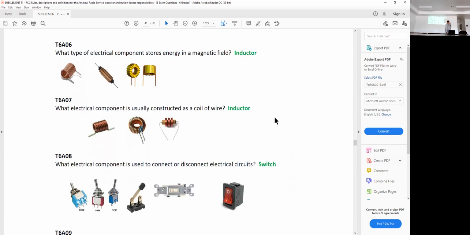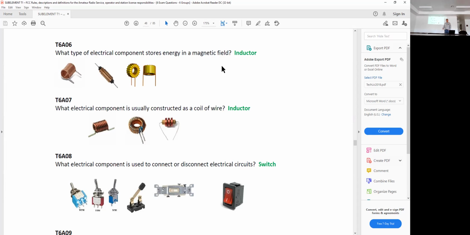So this is one that you probably built as a kid and maybe didn't know it. Question 6, what type of electrical component stores energy in a magnetic field? And that's an inductor. And you can see with the pictures that essentially they're just a coil of wire.